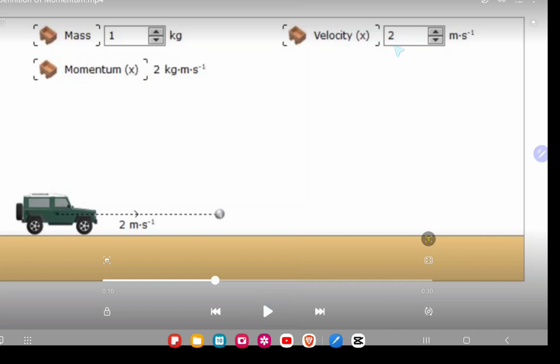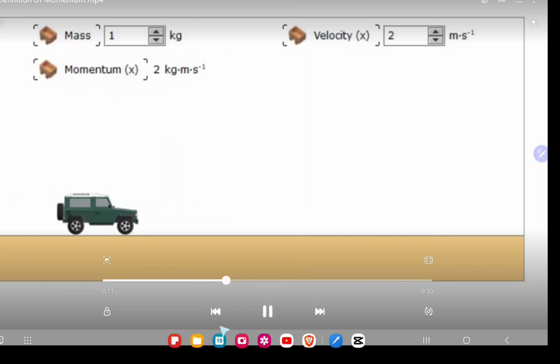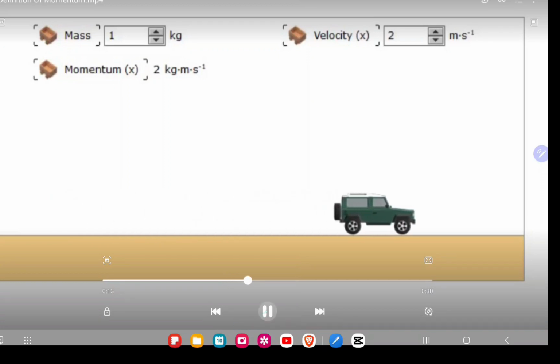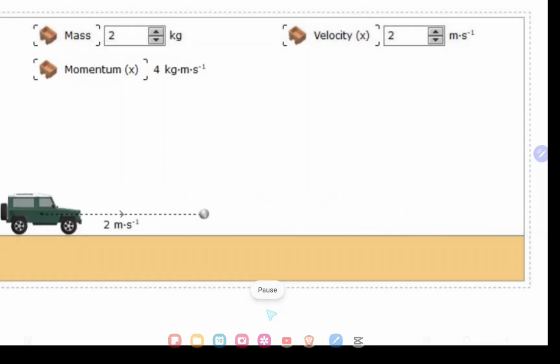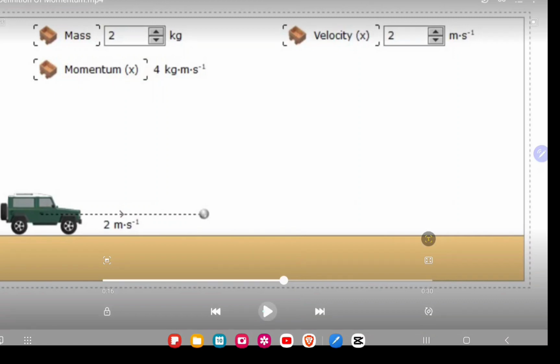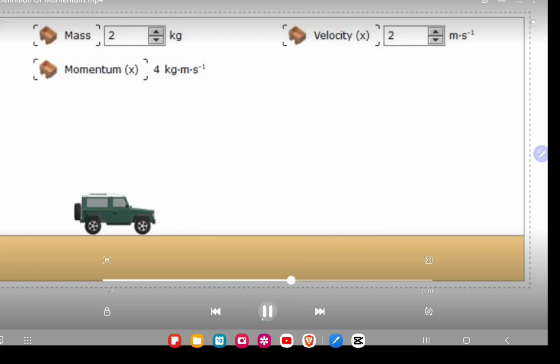Now, increasing the velocity to 2, the linear momentum becomes 2 kilogram meter per second. Changing the mass into 2, so the linear momentum will be mass times velocity. 2 times 2, it's equal to 4 kilogram meter per second.